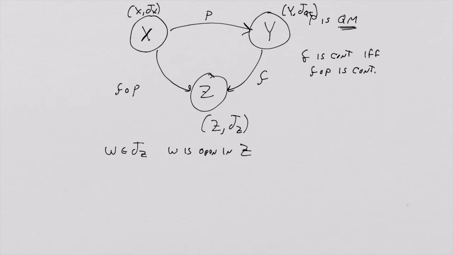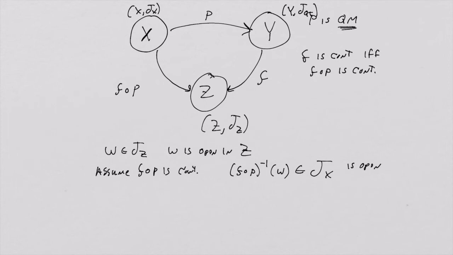And once I know that W is open in Z, I assume f after p is continuous. Well, what does that mean? That means that the inverse of f after p, acting on an open set in Z, must be an element of the topology of X, which means it is open in X. Right?